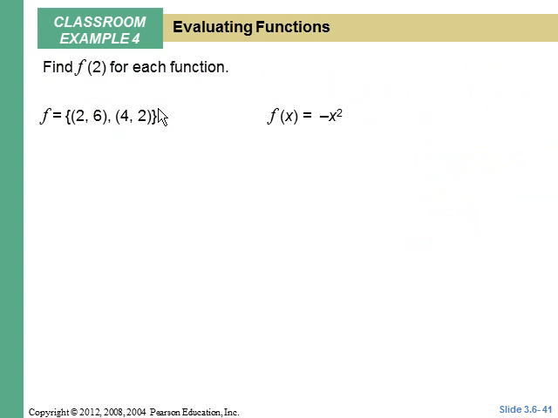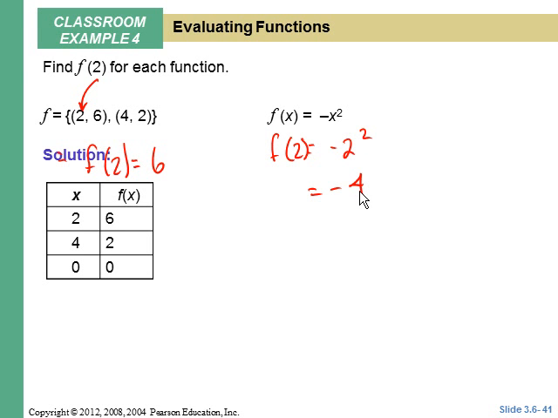Example 4, find f of 2. In this case, when x is 2, we would write f of 2 equals 6. In this case, f of 2 is negative 2 squared, which is negative 4. Okay? Next one.